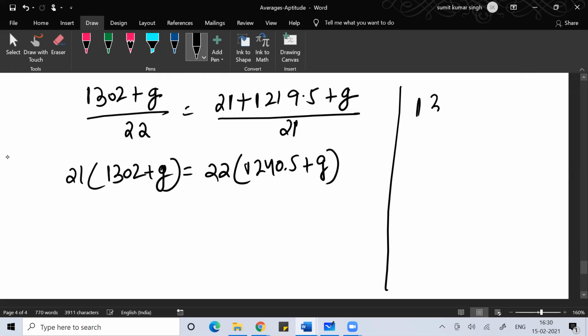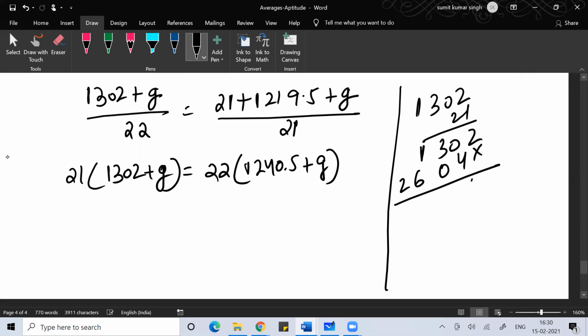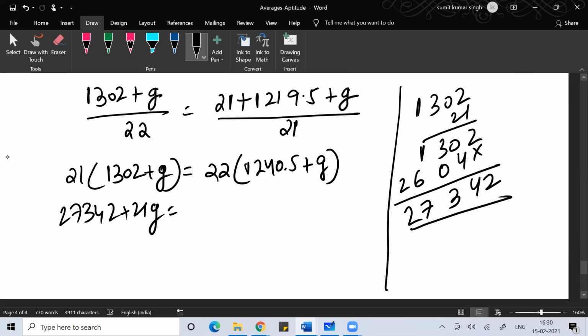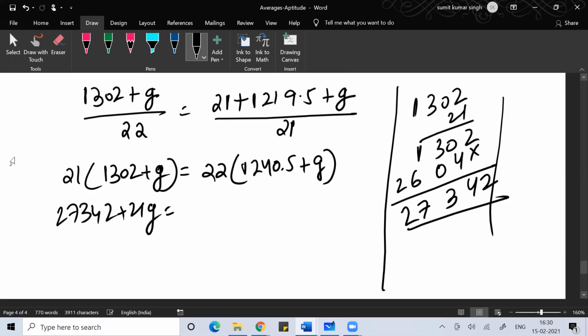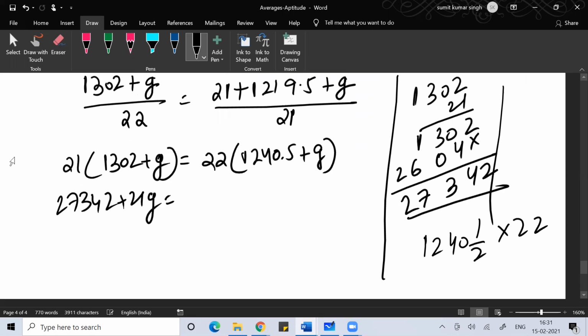1302 into 21 is 27342. So 27342 plus 21G is equal to 1240.5 plus G into 22.